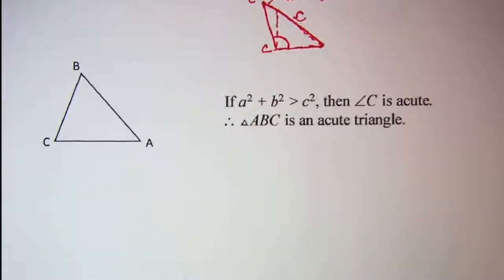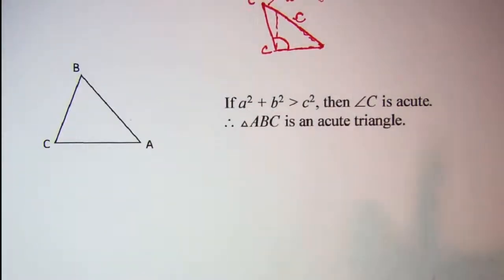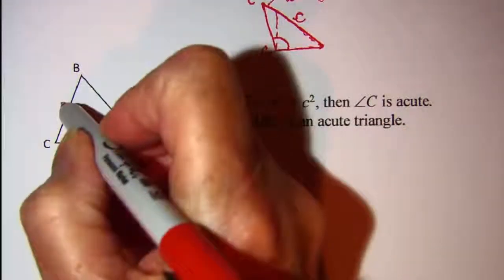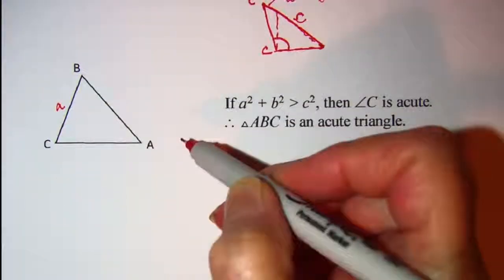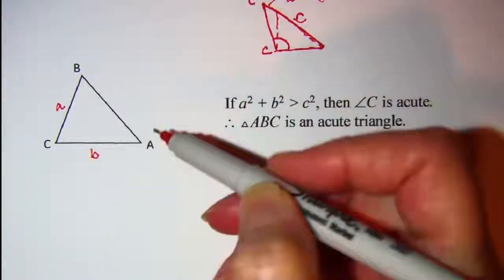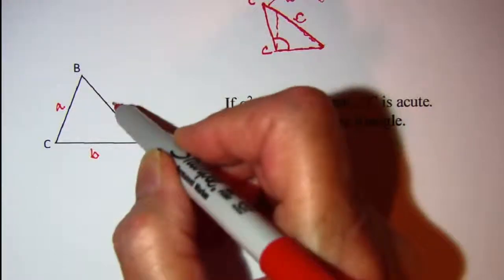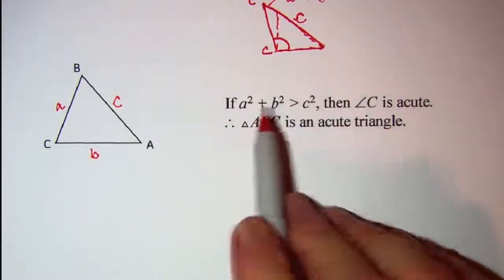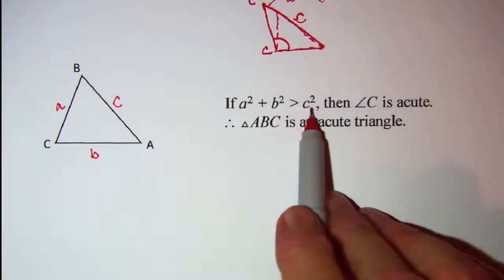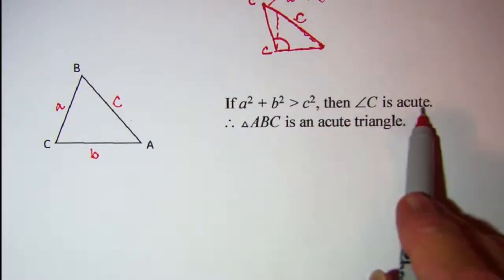And then the other one states that if a squared, and again across from A, angle A is side A, across from angle B is side B, and across from angle C is side C. So if a squared plus b squared is more than c squared, then angle C is acute.